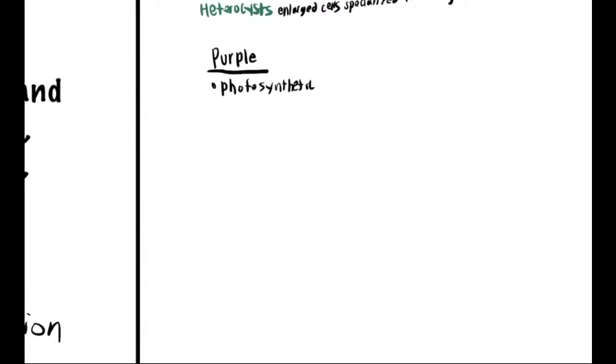They are a part of the phylum Proteobacteria containing the pigment bacteriochlorophyll. Some examples of purple bacteria is Thiocapsa halophila, and that's a sulfur bacterium. This can be found in like the salt flats around the world.